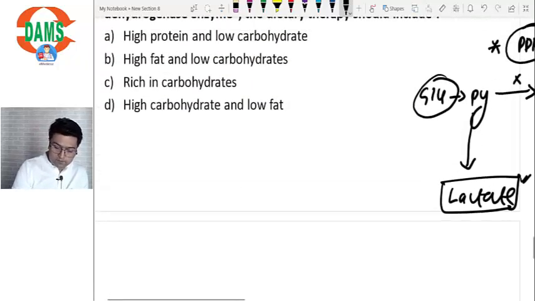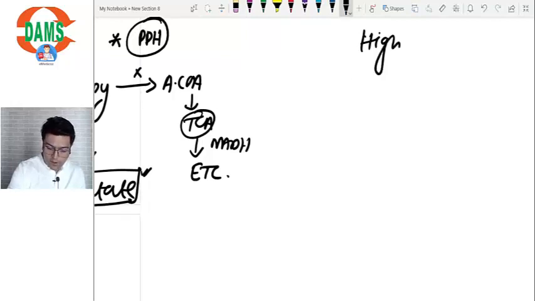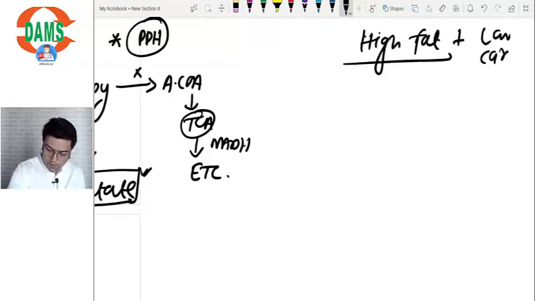You know why? I want to give a diet which contains high fat plus low carbs. Why the low carbs? You got the point, because carbs will make the lactate, so I don't want to give the carbs.